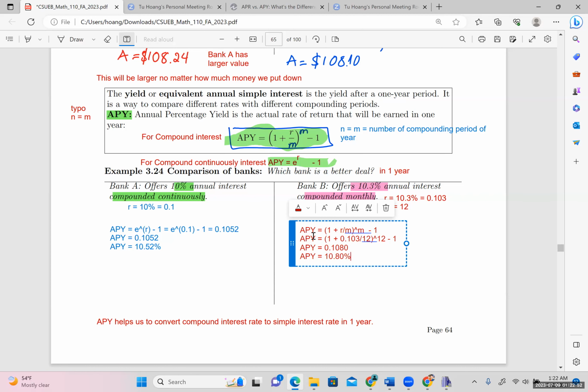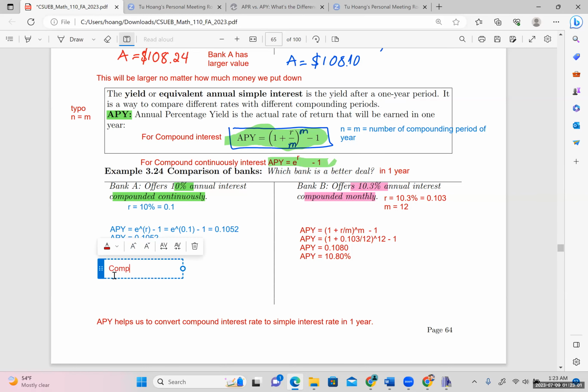So compare the APY between the two banks.